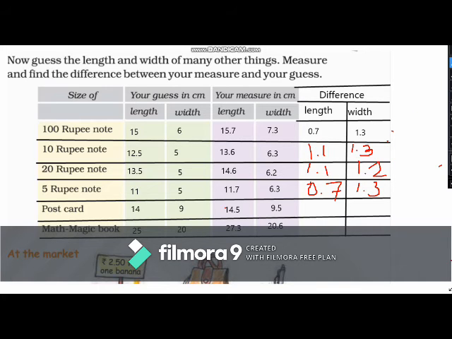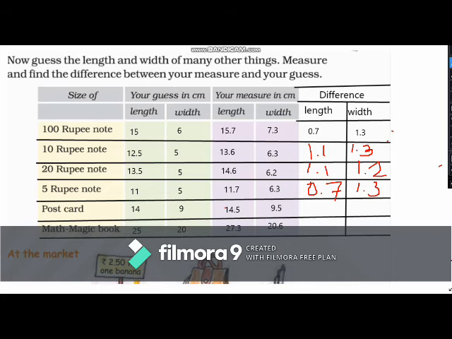So here I have guessed the length and width of a postcard, that is 14 centimeter length and 9 centimeter width. But when I measured the postcard using a scale, I found that length is 14.5 centimeter and width is 9.5 centimeter.